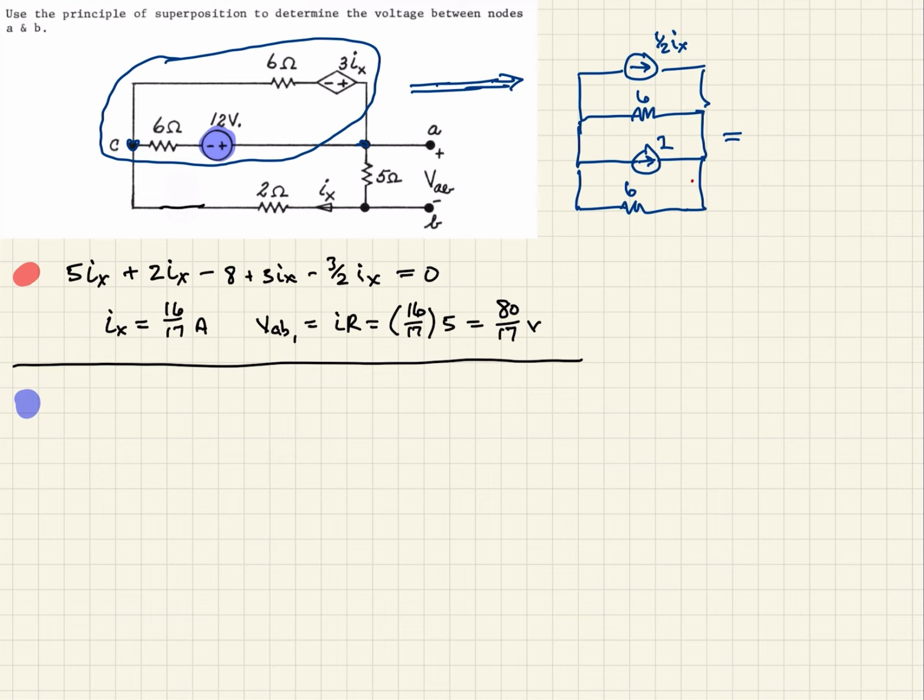So when we do that, we will have the 2 and the 1/2 combined. So that'll give us a current source here of 2.5.